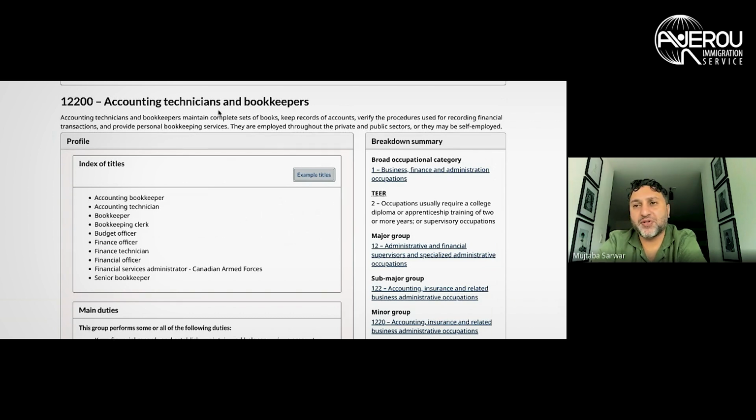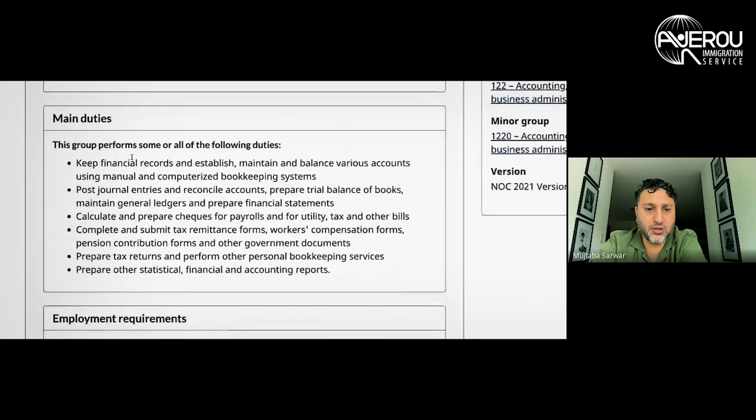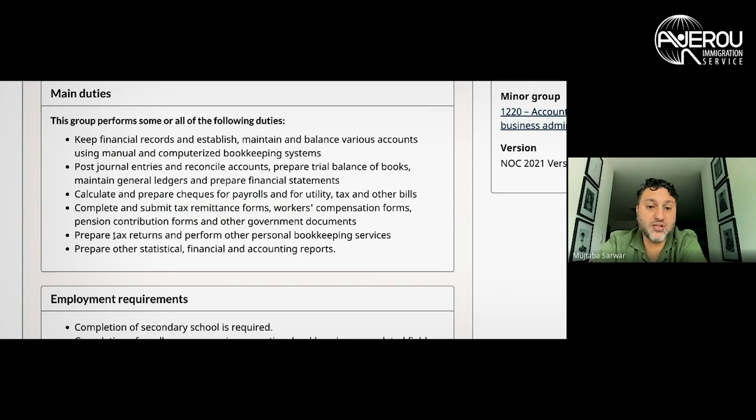If there is somebody managing QuickBooks and occasionally file taxes, I would not call them an accountant, right? And you can see in the main duties, keep financial records and establish, maintain, and balance various accounts, post journal entries, calculate, prepare checks for payrolls, submit tax forms for worker compensation forms, prepare tax returns, right?